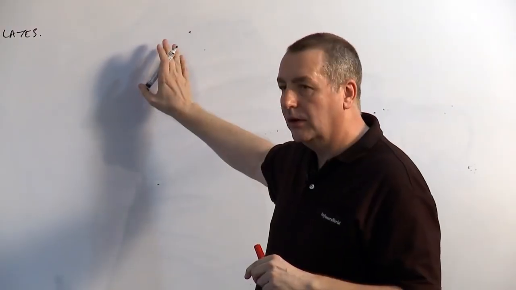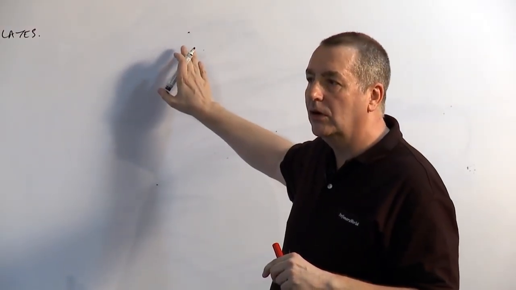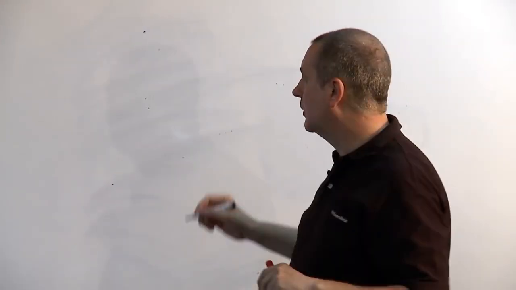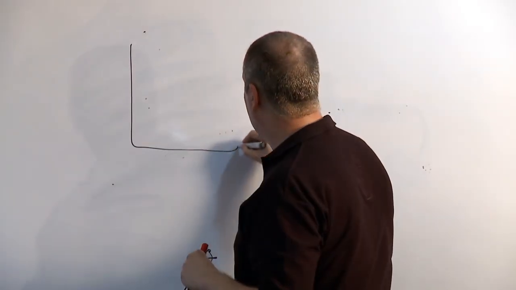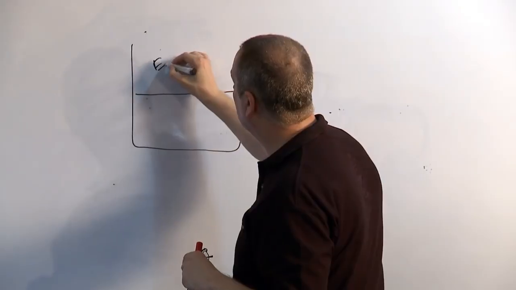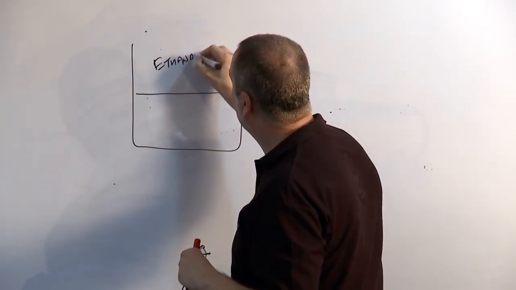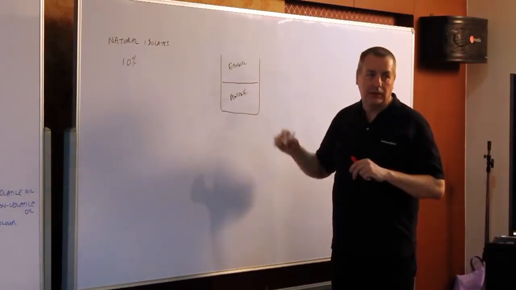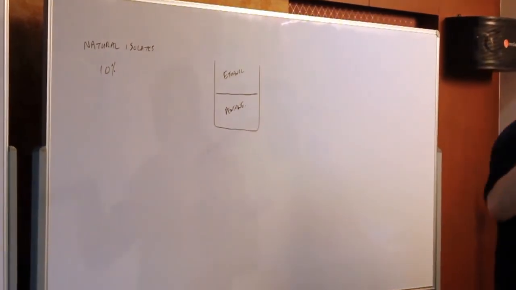One other method for preparing the isolates is to use selective solvent. So what we do is we get a big vat with two solvents, for example, ethanol and pentane. And then we put our essential oil into there.